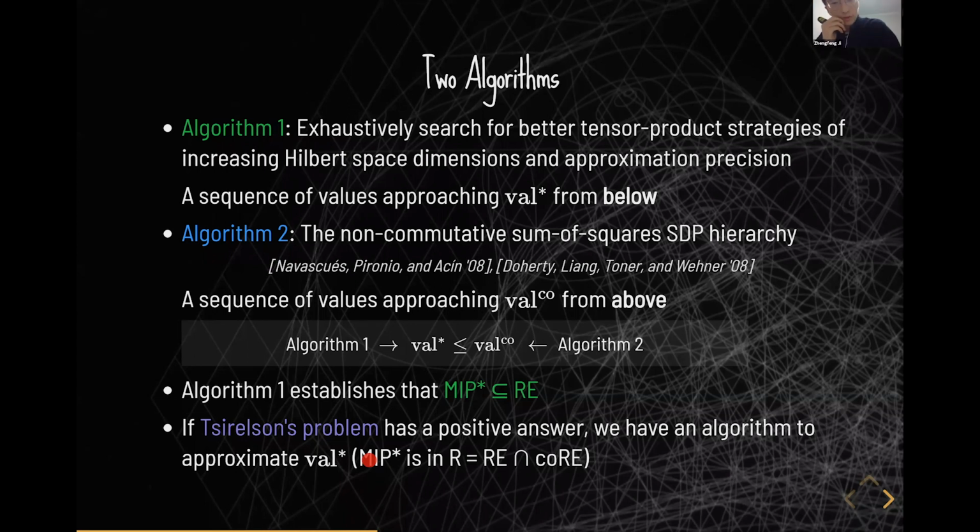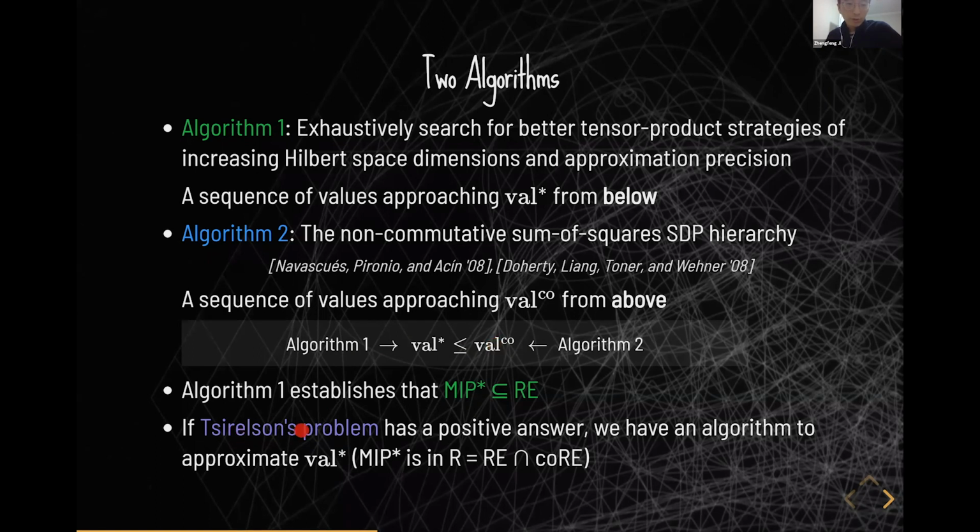Yeah. So we only work with finite dimensional stuff. But the consequence here is actually from this line. There are two algorithms that we know. One of them is interesting. One of them is trivial. But nevertheless, these algorithms converge to these two values.